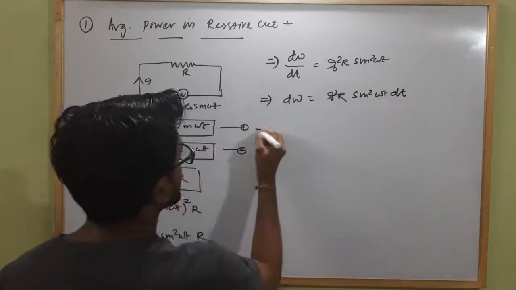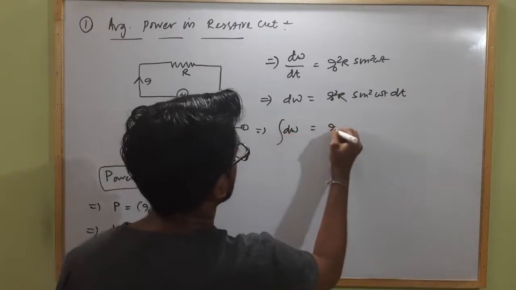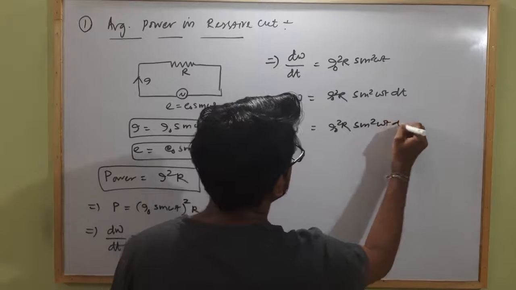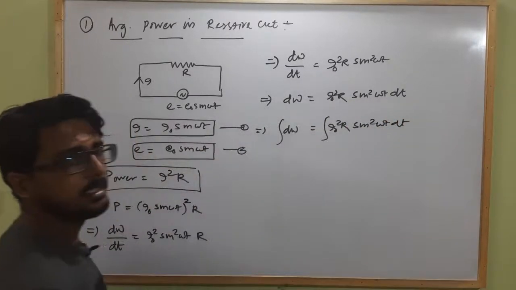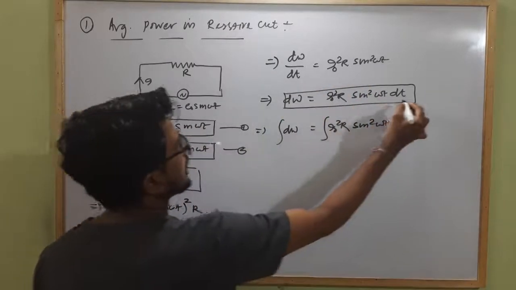From this we can write dW equals I naught square R sin square omega t dt. This is the small amount of work done in time dt.